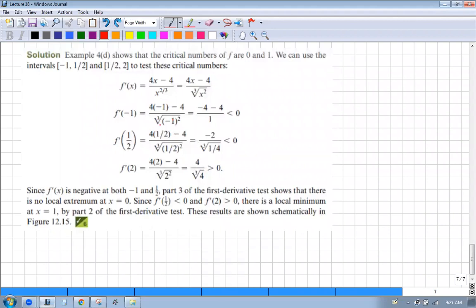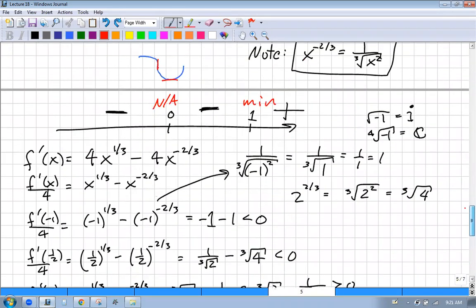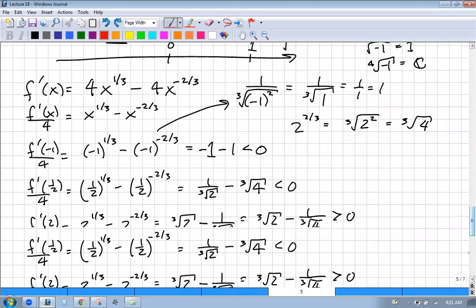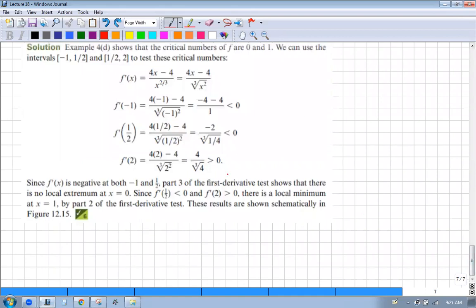They wrote it as cube root of minus 1 squared, so it'll be the cube root of 1. And then this one, they got the cube root of 1/2 squared down there. So they got negative, negative, positive. It's the same thing I got, negative, negative, positive. Okay, so I didn't screw it up.